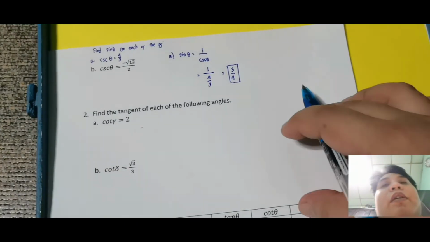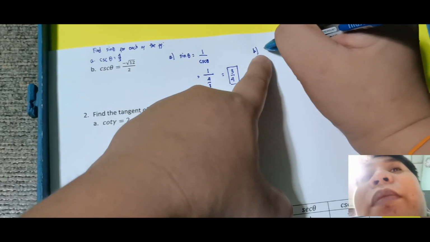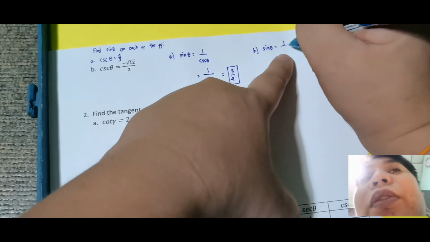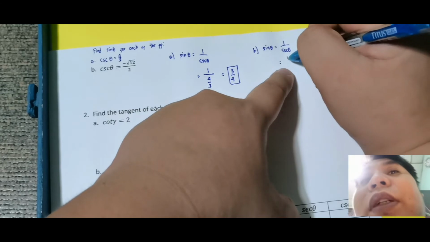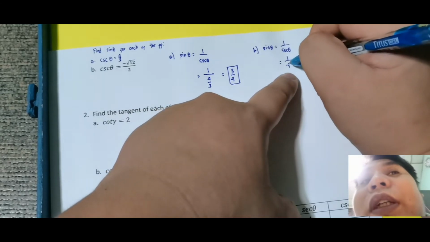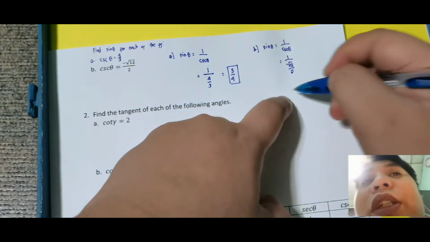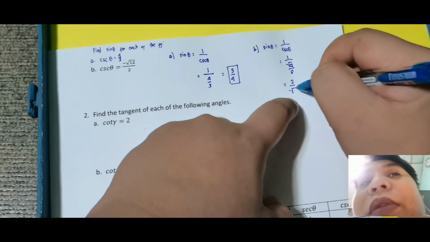So for letter B, I think may konting rationalization to. Note again that sine theta is equal to 1 over cosecant theta, which is equal to 1 over negative square root of 12 over 2. Which is equal sa 2 over negative square root of 12.